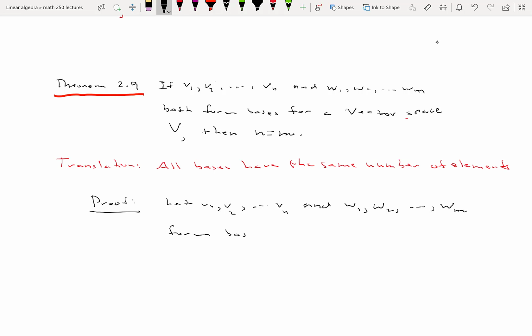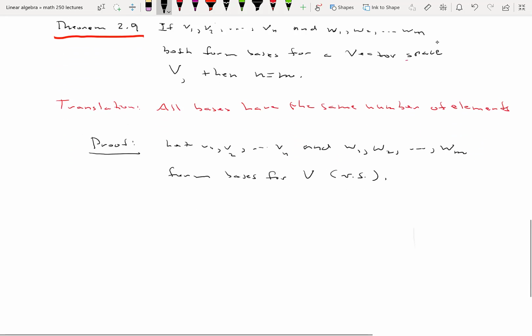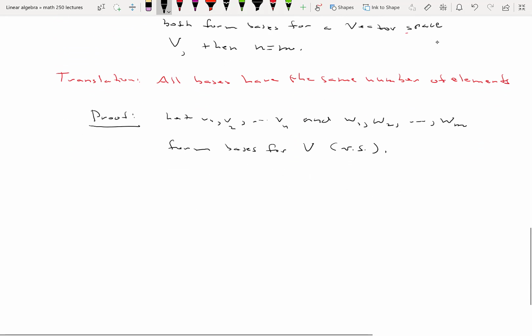So we start out with two bases for V, a vector space. What I want to show is that n and m must be equal. They must be the same number of vectors in these bases. Okay, so proof. Case one.